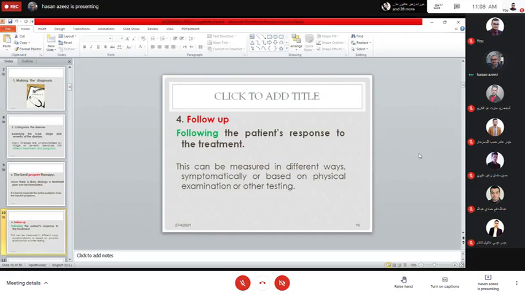So in the aim of the approach to clinical problem solving, we should put follow-up as one of these steps.